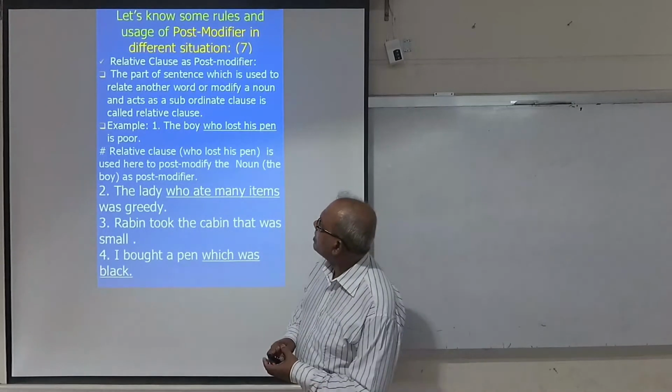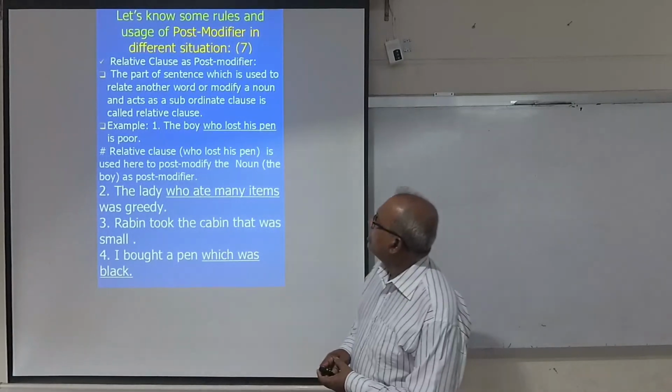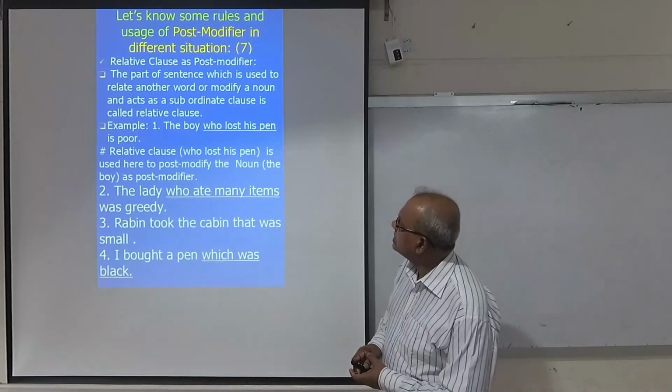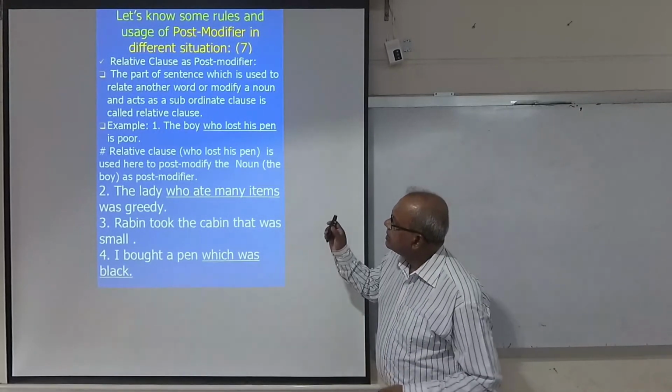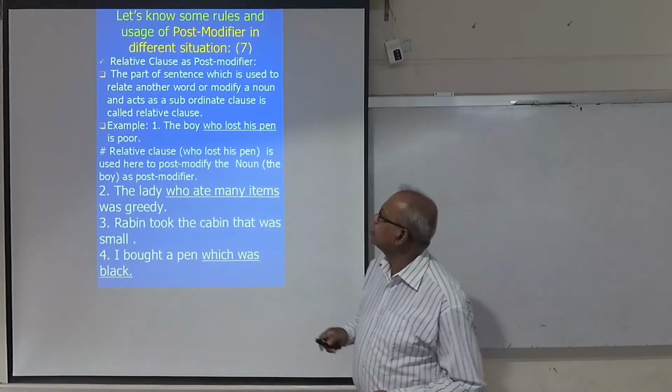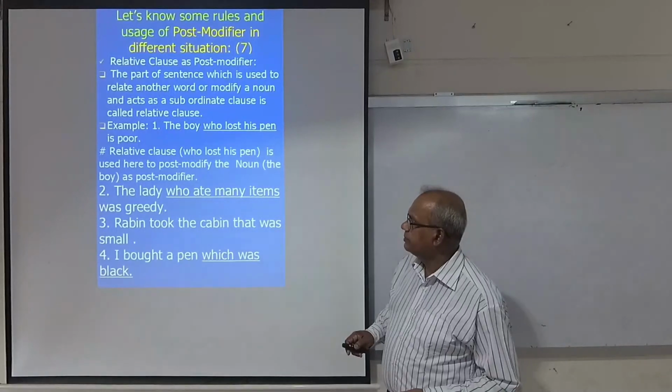Example number one: the boy who lost his pen is poor. Who lost his pen is a relative clause, and it is used here to post modify the noun the boy.